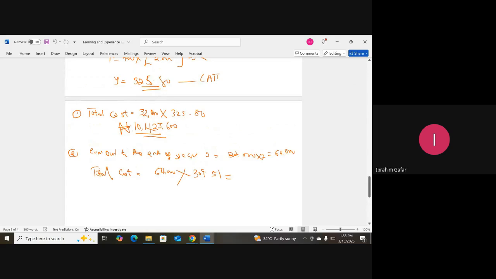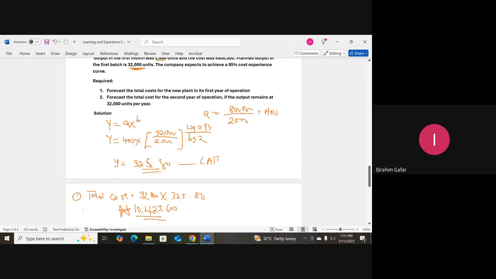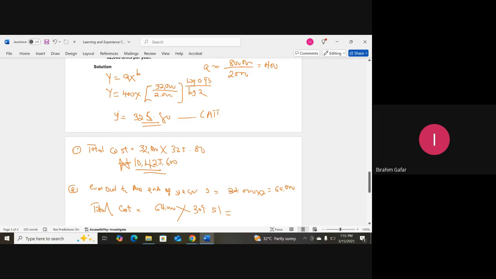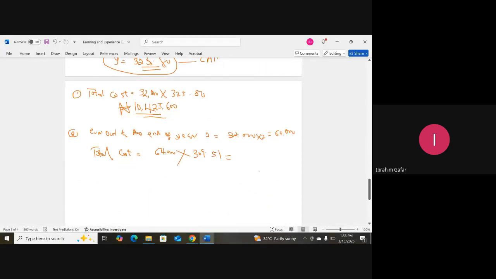Either you make use of the formula, putting 64,000 instead of 32,000 because of year 2, or if you don't want to use the formula, just multiply this answer by 95%. You get it. So what do you have? 19,808,640. So this is for the second year.